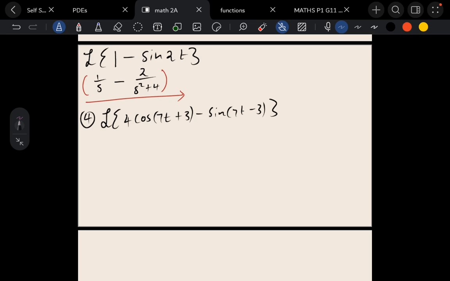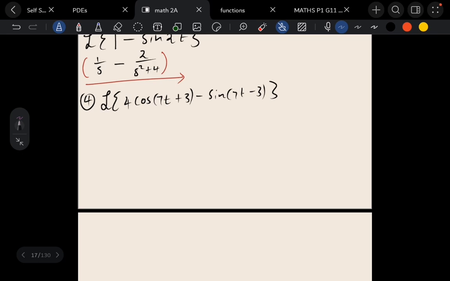So you need to write down the compound angle of sine and the compound angle of cos. In this case, you're going to have 4 times the Laplace transform. What is the compound angle of cos with a plus inside? It is cos 7t cos 3 minus sin 7t sin 3, in brackets.